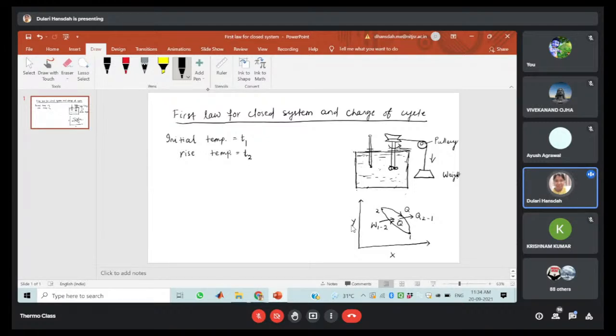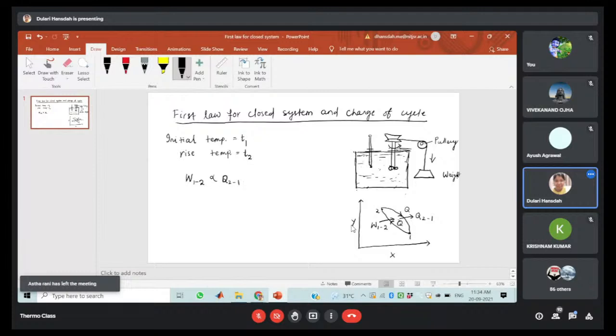This heat transfer is from the system. So we can say that this work transfer is always proportional to your heat transfer.